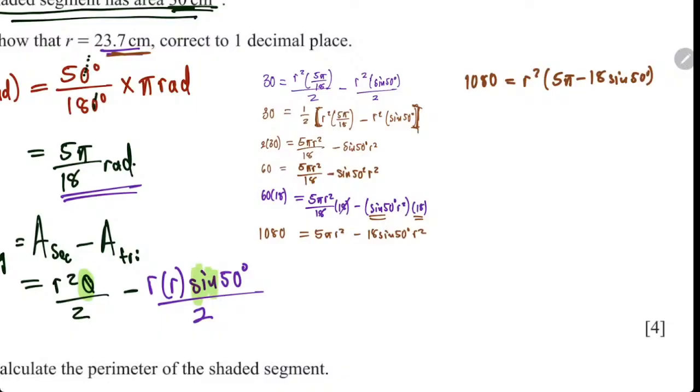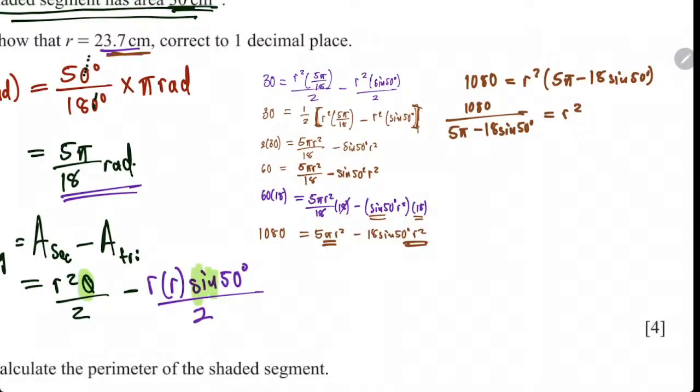Because there is r squared here and there is r squared here, you bring it out. Which makes you take them to the other side. You say 1080 over, because the r squared was multiplying, so you take this to the other side. It will divide 5 pi minus 18 sine 50 degrees. This is equal to r squared.